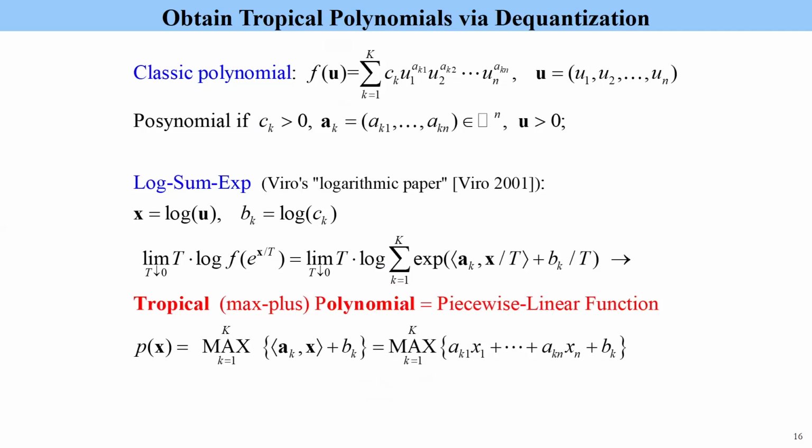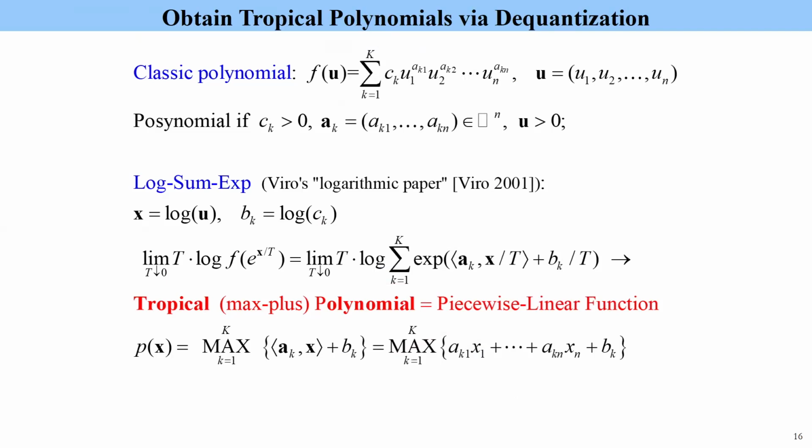And then we use this concept of Viro's logarithmic paper, or equivalent to this log-sum-exponentiation, to take the log of every monomial, which turns this multiplicative constant c_k into an additive bias term, b_k, and the monomial essentially becomes a linear form.